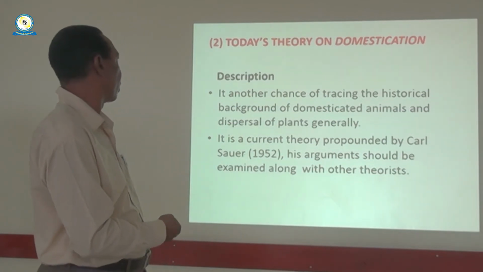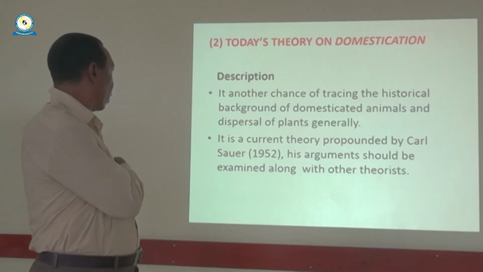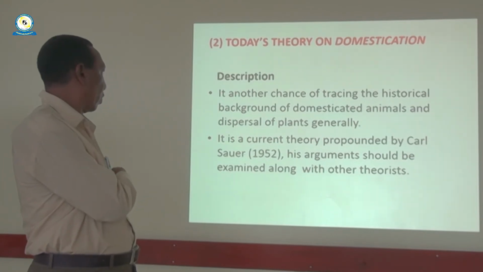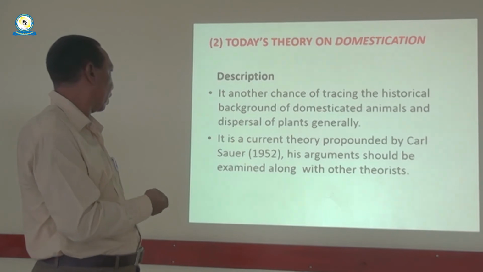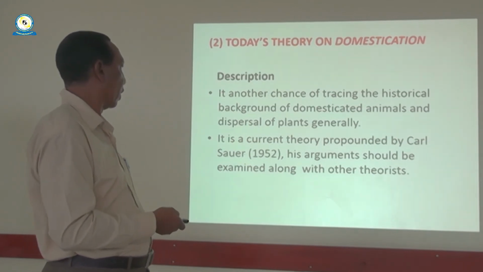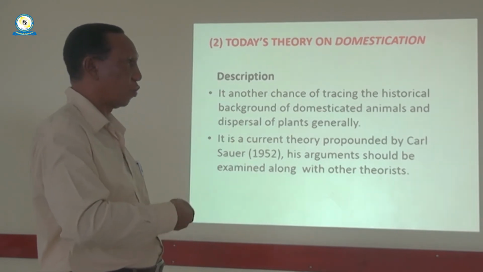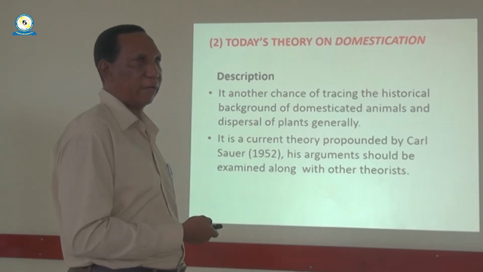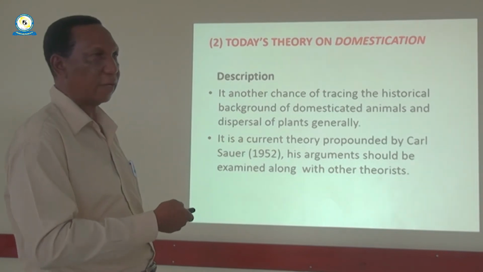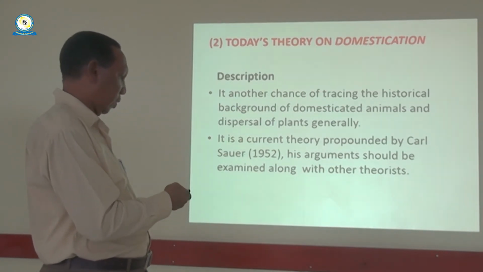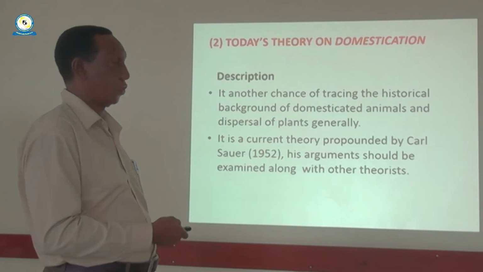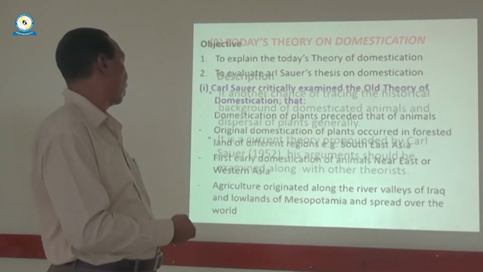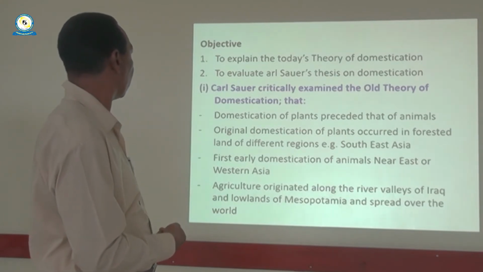Now, today's theory of domestication. Today's theory is extracted from one scholar known as Carl Sauer in 1952. He tried to review the old domestication theory by adding some knowledge here and there, but he did not do much. We shall see, because many things still remain not comprehensive.